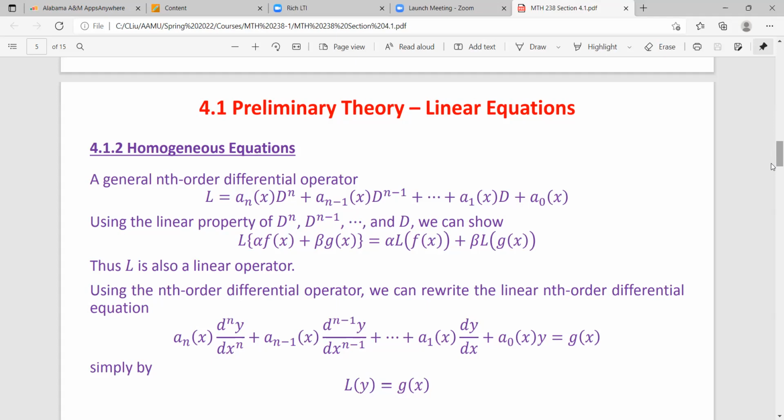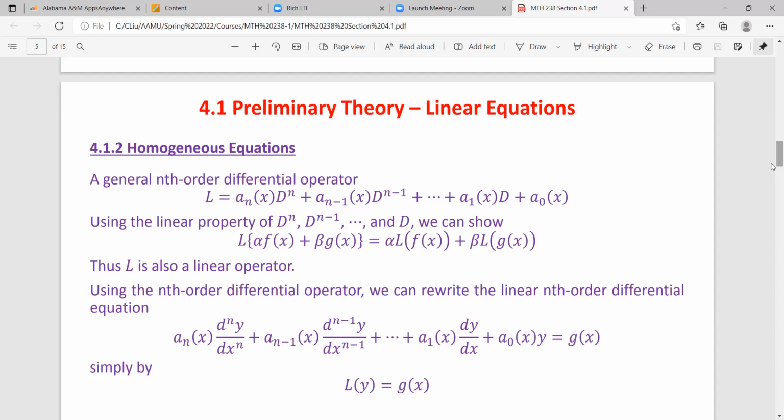So that's again the coefficient function for the first term in the differential equation as we had before.